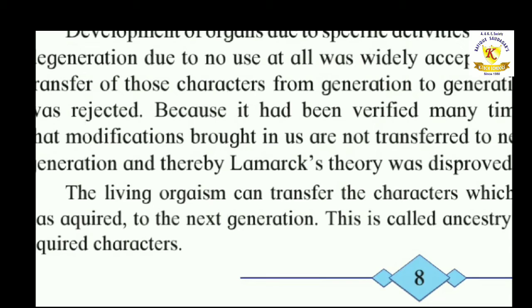Now, development of organs due to specific activities, or their degeneration due to no use at all, was widely accepted. But transfer of those characters from generation to generation was rejected. Why?